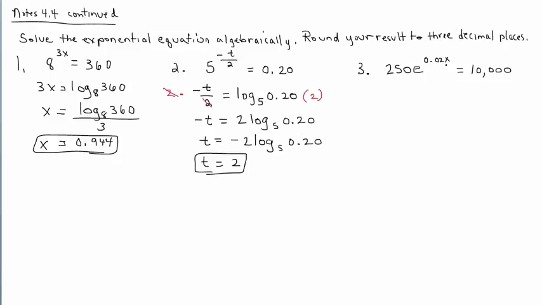All right, we need to solve for x. We're going to change it to the log form, but we can't change it to the log form until we isolate the power. So let's go ahead and divide both sides by 250.